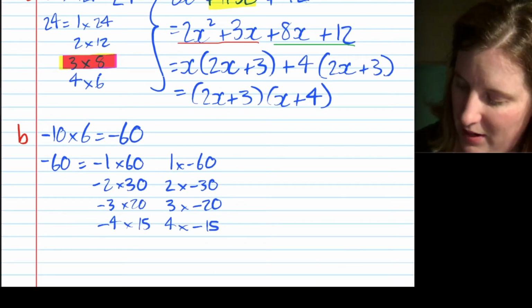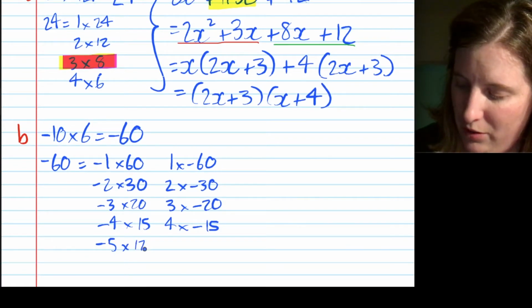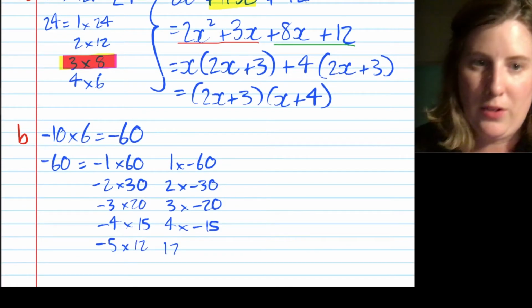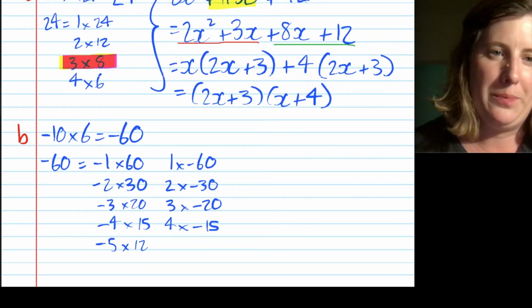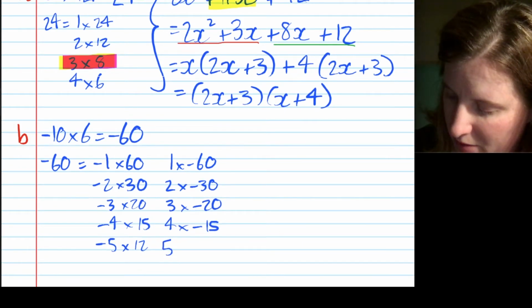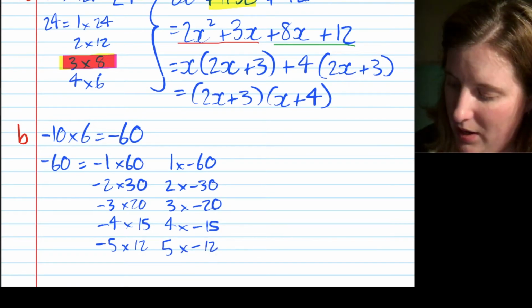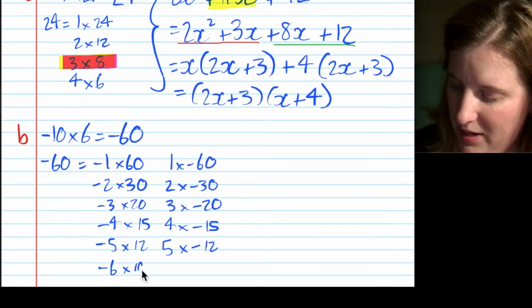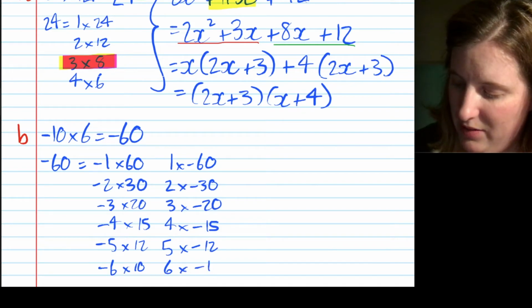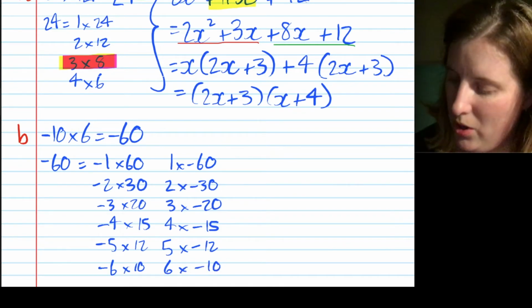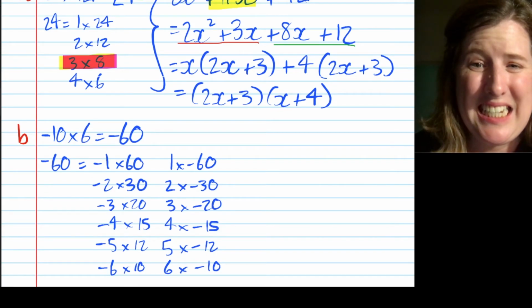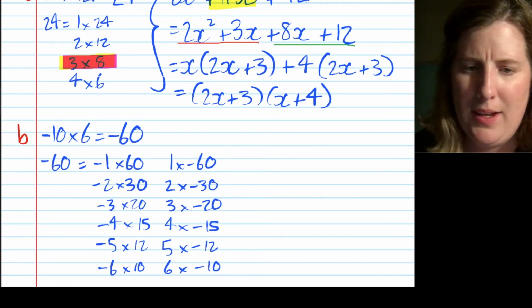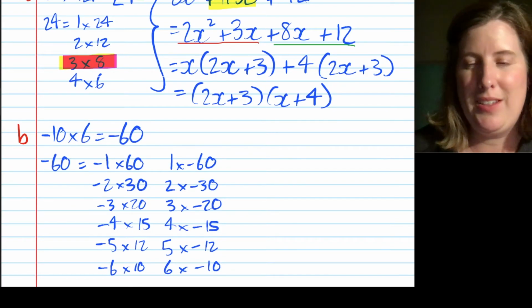Alright, negative 5 times 12, or 5 times negative 12, negative 6 times 10, or 6 times negative 10. We've got 7, no, not 7, 8, no, 9, no, 10, we've already reached, because it's with the 6.